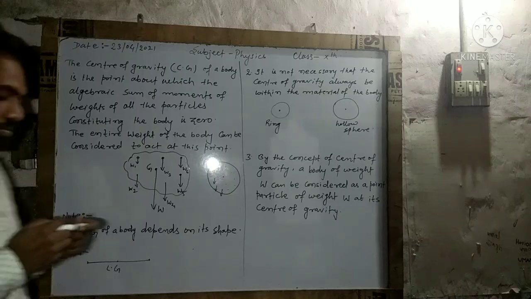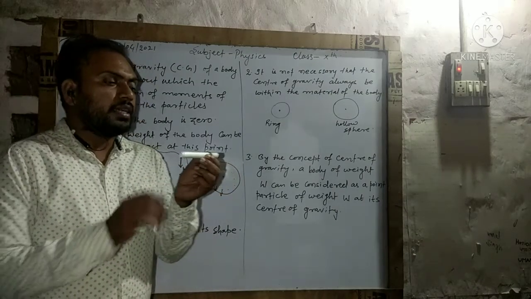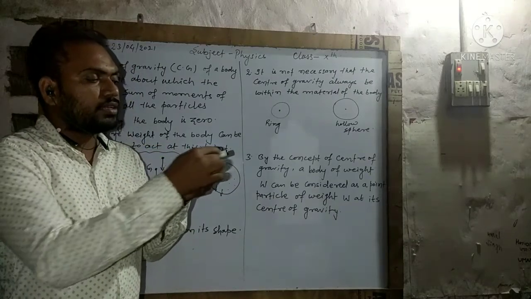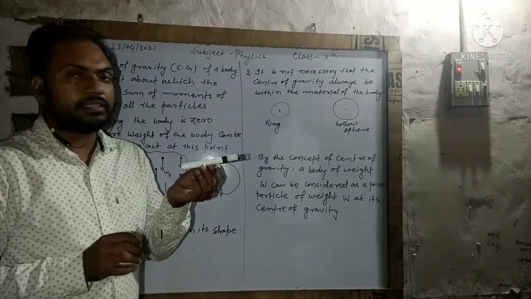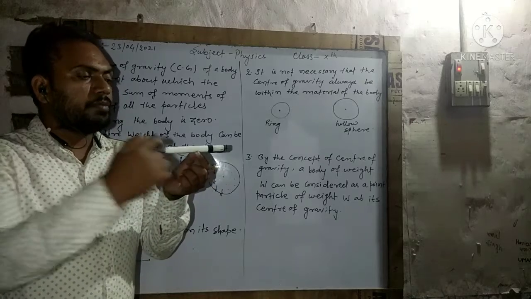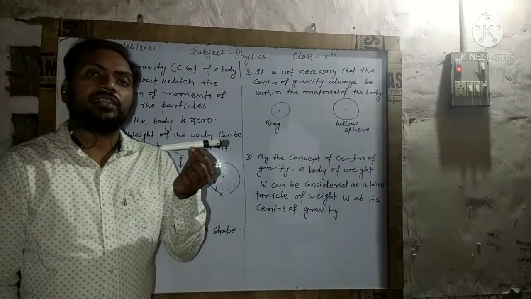For example, let's say this is a marker and it has a center somewhere inside this line. At that center it will balance itself. If I put it here, it will balance itself. That point will be called the center of gravity.